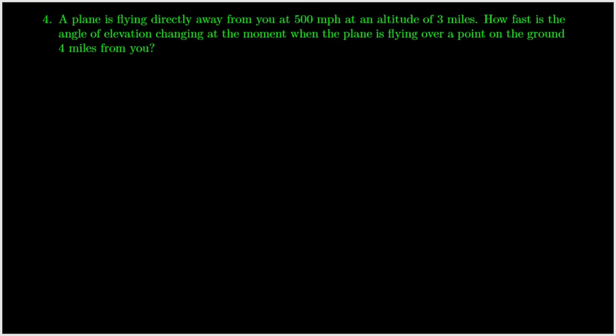We'll now look at another related rates problem. In step A, we draw a sketch. When drawing a sketch, we try to understand the problem. A plane is flying directly away from you, and you know the speed of the plane. That's a rate of change.